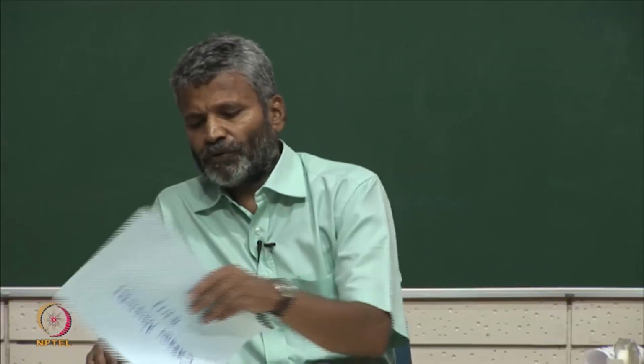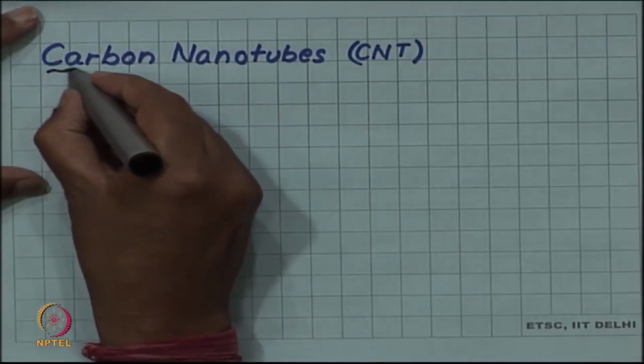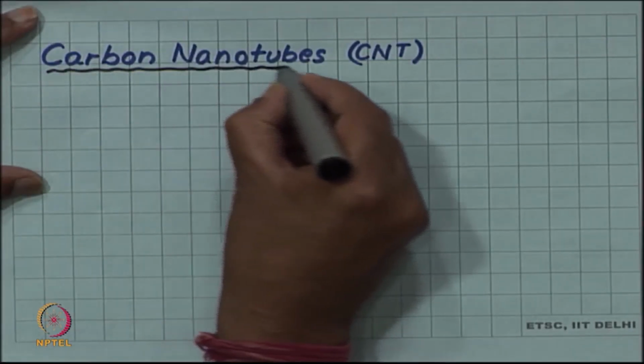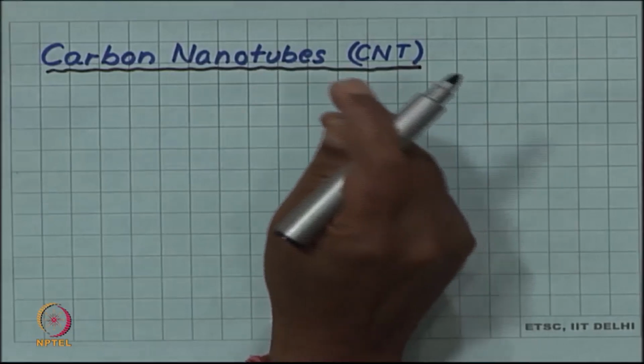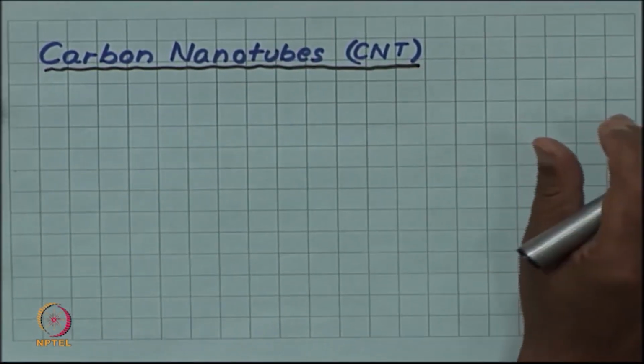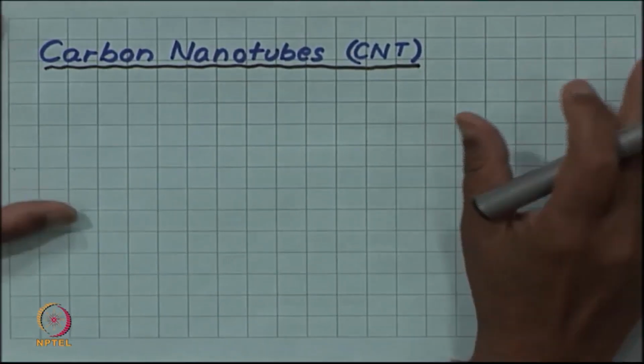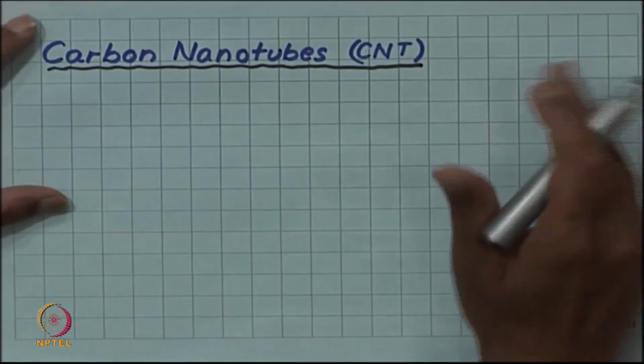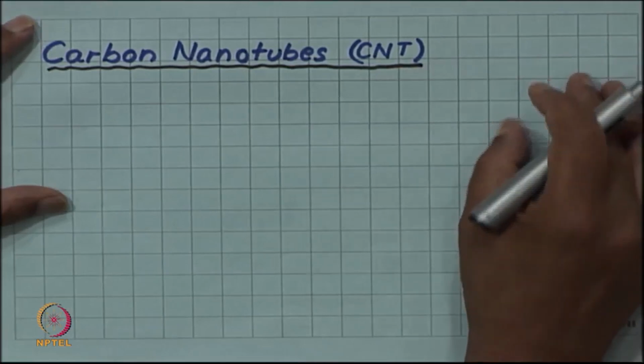So, what is a carbon nanotube? The best and simplest description comes from relating it to the structure of graphene, which we are already familiar with. We have seen that graphene is a single, two dimensional hexagonal sheet of carbon atoms, just like one layer of graphite.